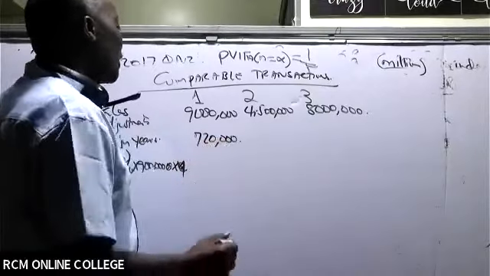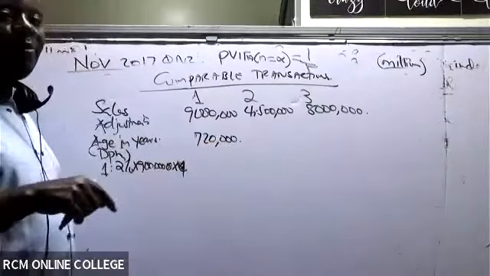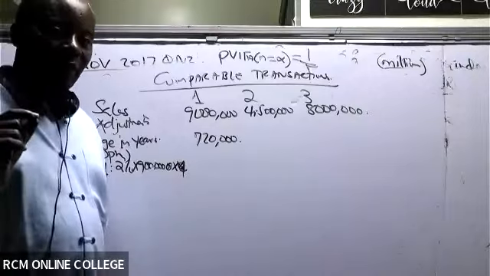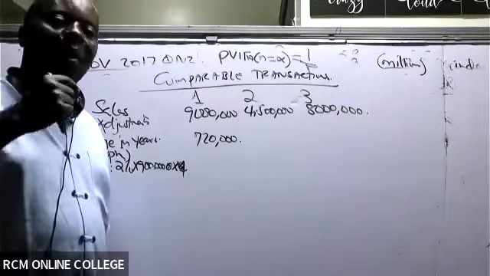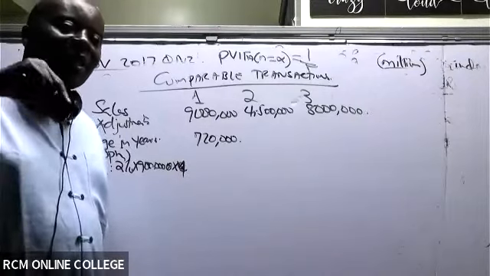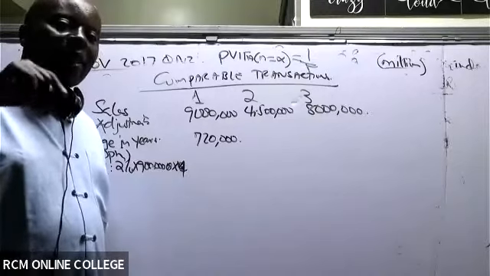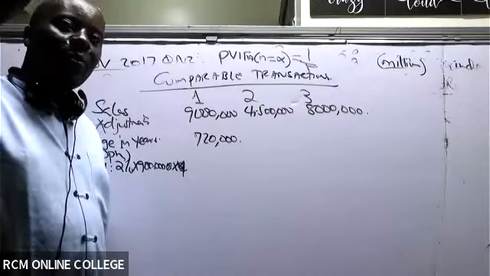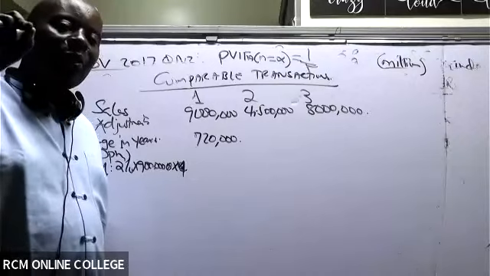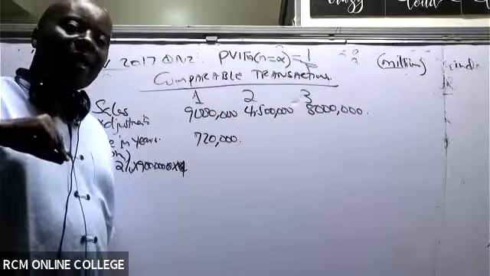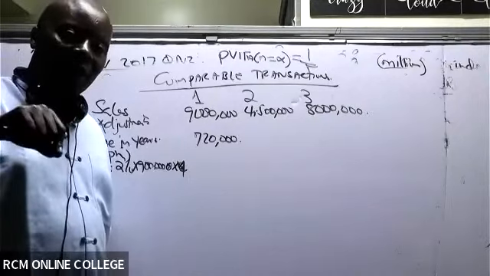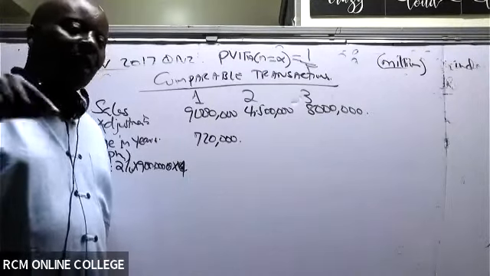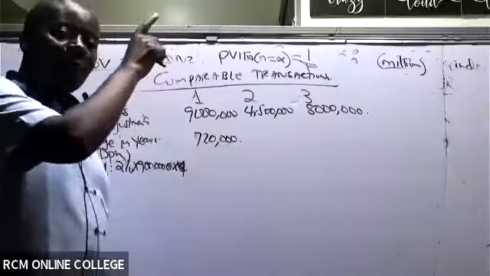So this 720,000, should it be positive or negative? Remember, our existing property is much newer. I would want these old properties' values to match mine. Because mine is newer, 5 years old, and the other one is much older, this will be a value uplift.